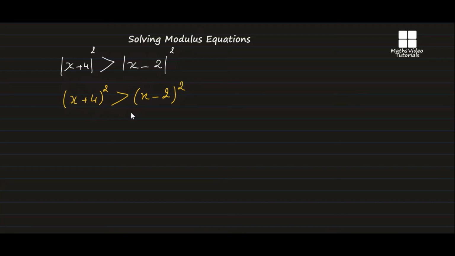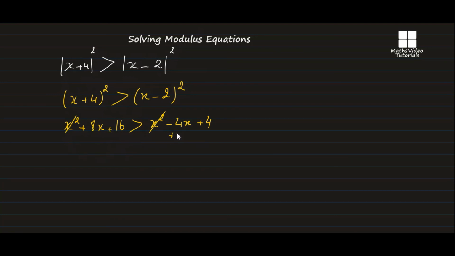So we just have to expand each side separately. On this side we get x squared plus 8x plus 16, and on this side we get x squared minus 4x plus 4. Now all we have to do is solve it as I would solve any inequality. The x squared will cancel out because it's the same, and then we've got the 8x.